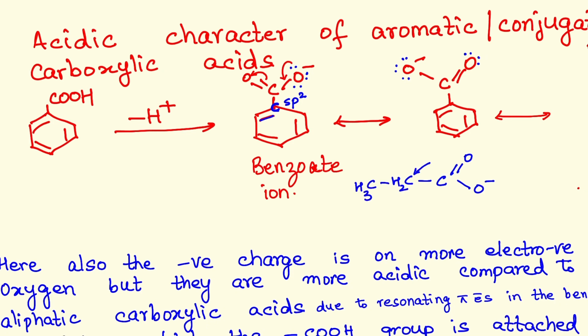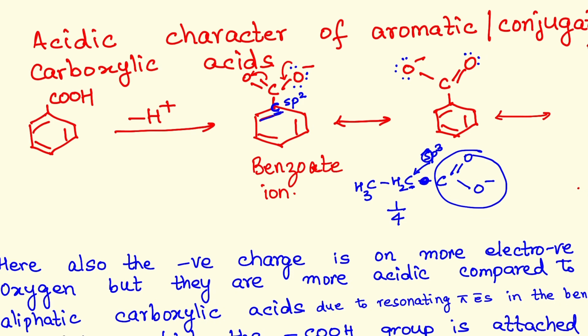Now, the carbon to which the COO negative group is attached over here is an sp3 hybridized carbon. sp3 hybridized means how much of S character is there? Only 1/4. That means the pull of the nucleus for these electrons will be lower.